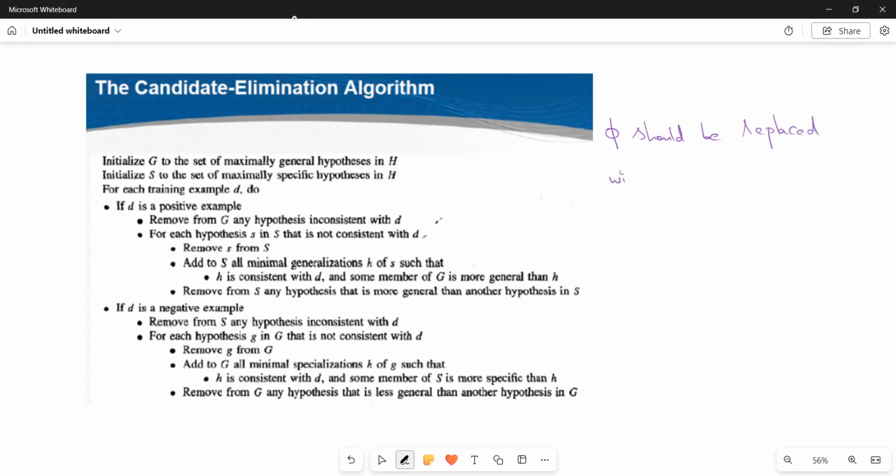Your null should be replaced with the specific value, and your specific value should be replaced with a question mark.